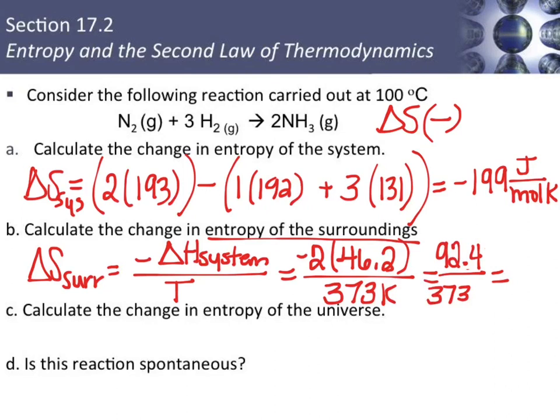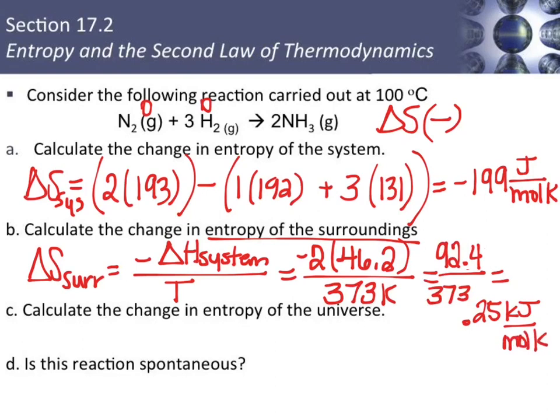No, if you go to products minus reactants, when you do H, these are zeros. Yeah, so NH3 is negative 46.2, and we have two of those. So what did we get? 0.25 kilojoules per mole.